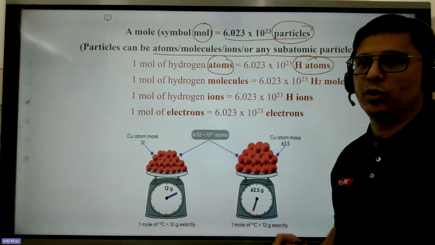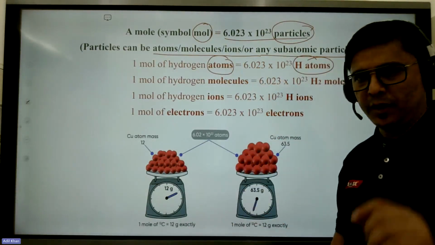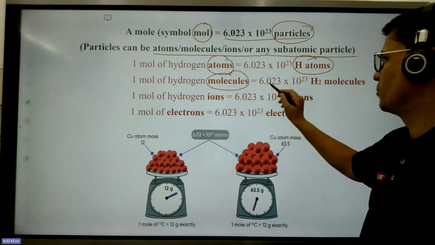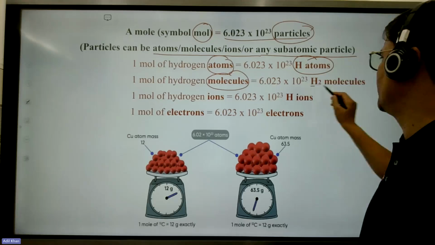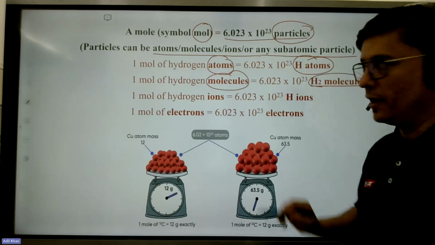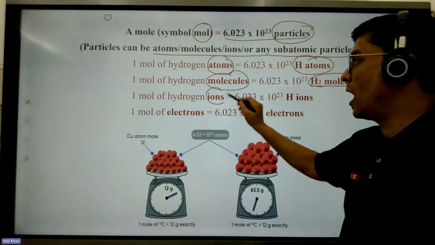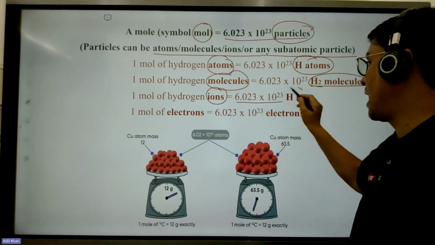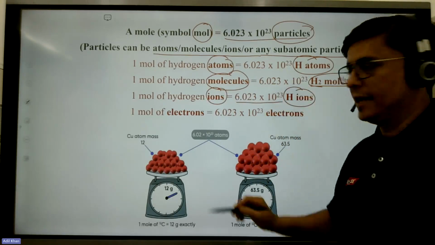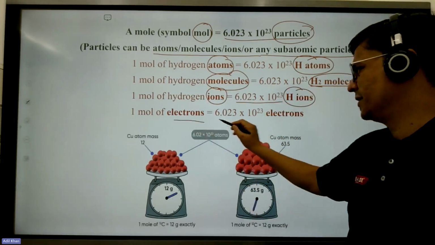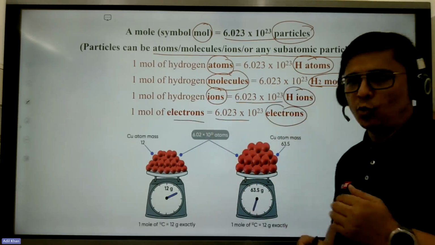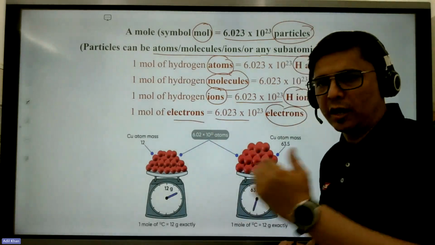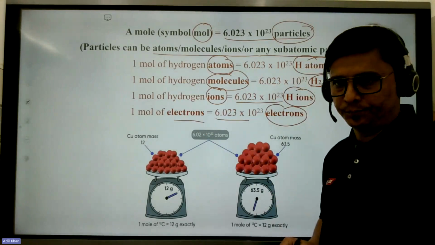The same thing will be repeated in Uganda and Nigeria and Laos also. Similarly, 1 mole of hydrogen molecules will be equivalent to 6.022 × 10^23 hydrogen molecules. If I tell 1 mole of hydrogen ions, it will be 6.022 × 10^23 hydrogen ions. If I tell 1 mole of electrons, then this number of electrons will be there.